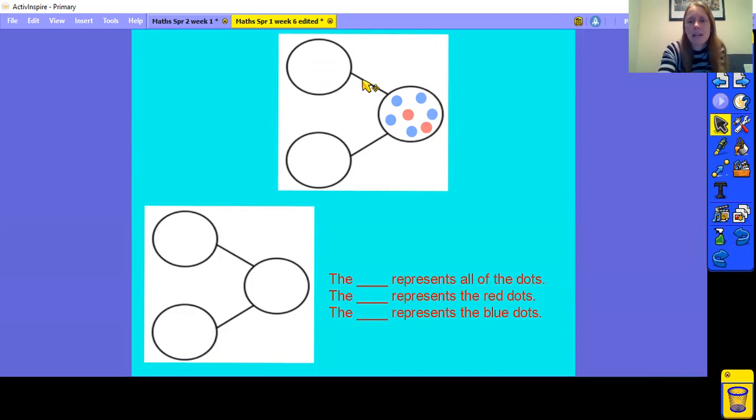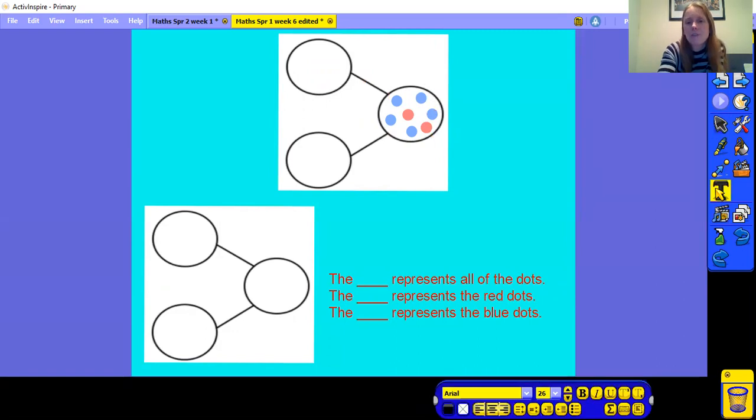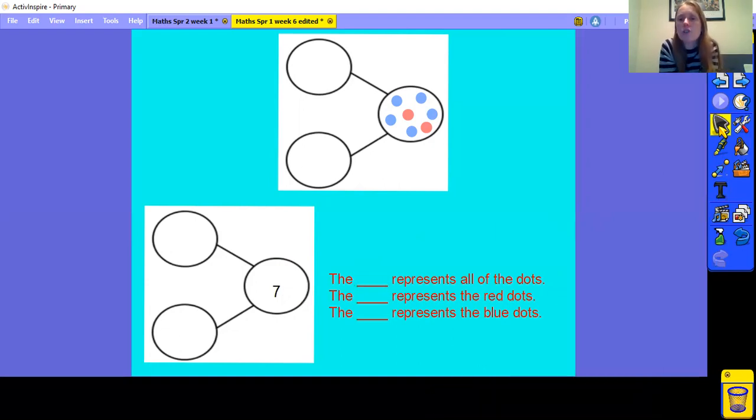Let's count them and find out. 1, 2, 3, 4, 5, 6, 7. We have 7 dots. I'm going to write number 7 for the 7 dots. Now, remember, my 7 represents all of the dots.